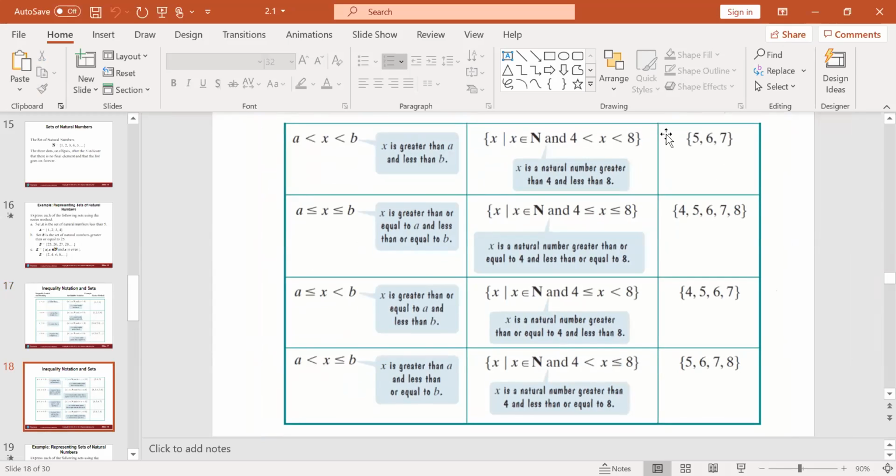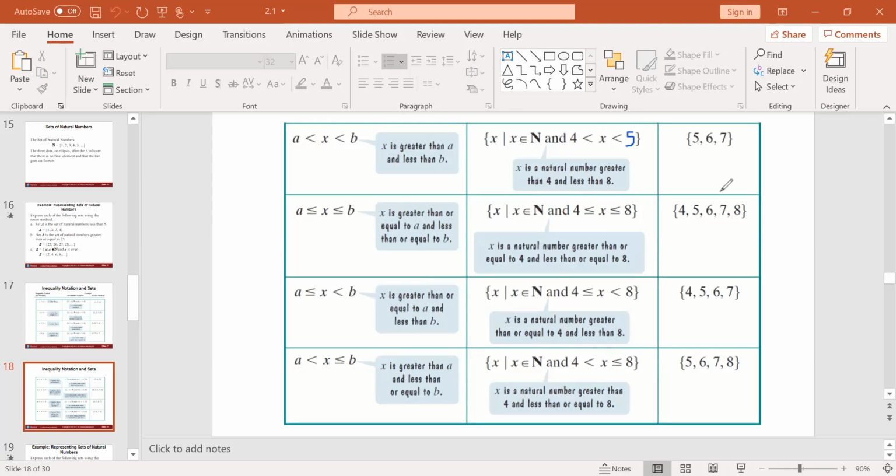Here's a little trick question for you. What if we said all natural numbers greater than 4, but less than 5? What would it be? Well, it's got to be also less than 5.